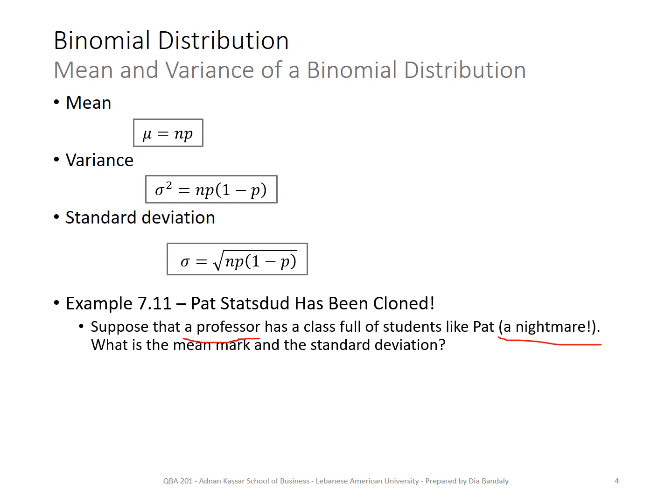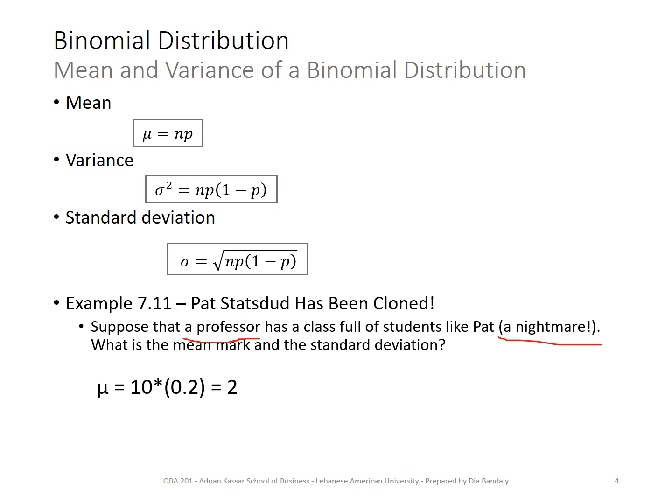So what do you think would be the mean grade for all the students taking the same quiz that has 10 questions? What we need to do is apply the formula for the mean, right? Where n is the number of trials, 10, and p is 0.2. So the average will be 2 out of 10.